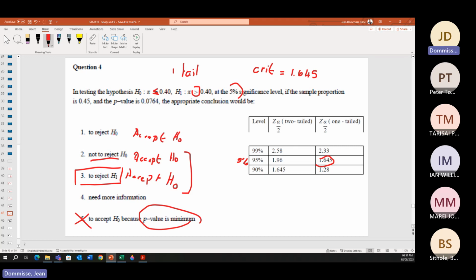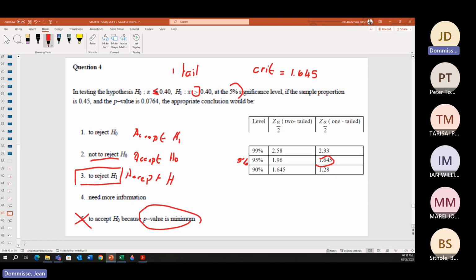To reject the null hypothesis is, sorry, I accept the alternative. To reject, sorry, that one, see, I've confused myself now.